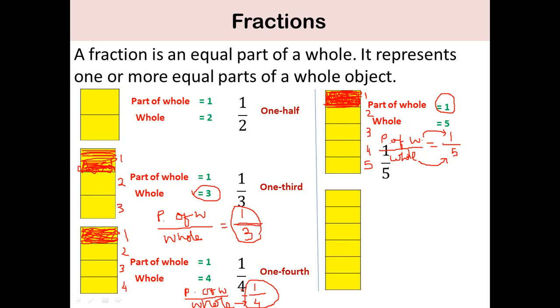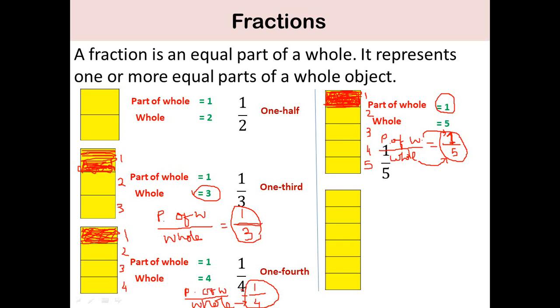So what part of the whole I have taken? 1 by 5. You can also say 1 upon 5, right? It can also be said like 1/5. See, 1 is at the upside, right? 1 is at the upper part.